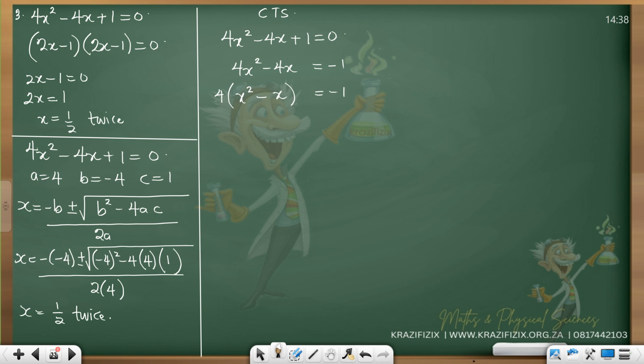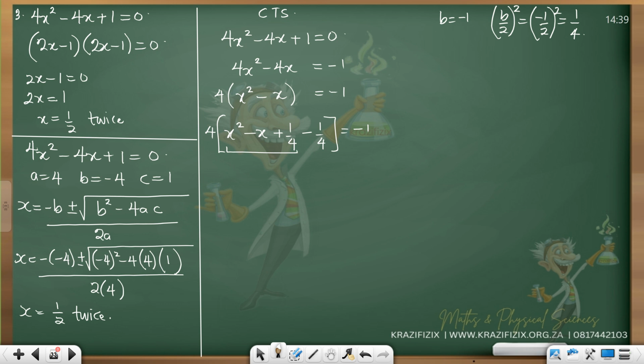Because the coefficient of x squared must always be 1. Now, what is your b here? Your b is negative 1, remember? So we have b over 2 squared, which is negative 1 over 2 squared, and that is 1 over 4. I add 1 over 4 and I also subtract 1 over 4.